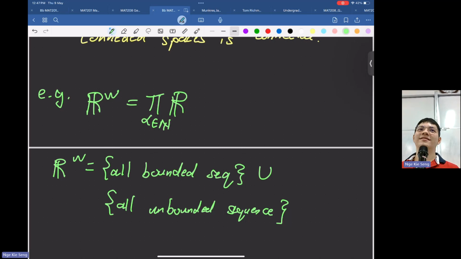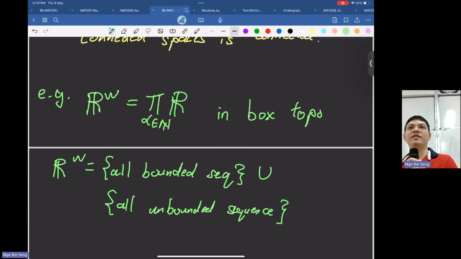How about openness? How to see openness here is the problem. Can you write the set as a union of some open sets? Sorry, this is under box topology, I forgot to say this.